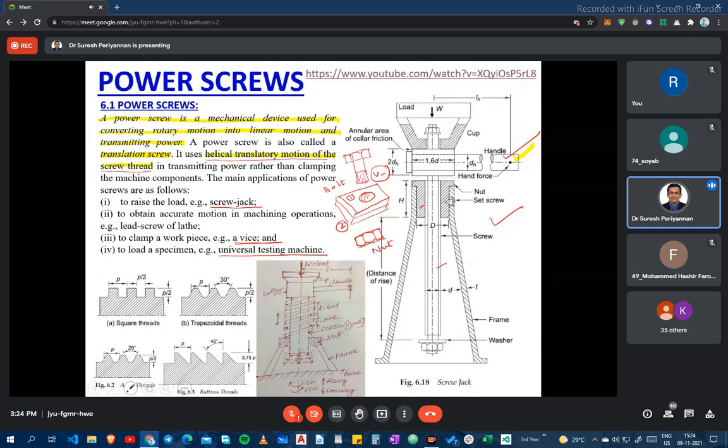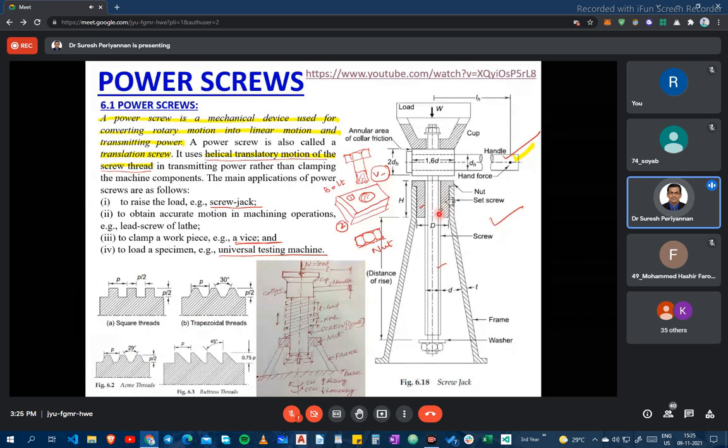The efficiency of the square thread is more than the trapezoidal thread. Another very important point is that there is no radial pressure and side thrust in the nut. Suppose this is our nut.